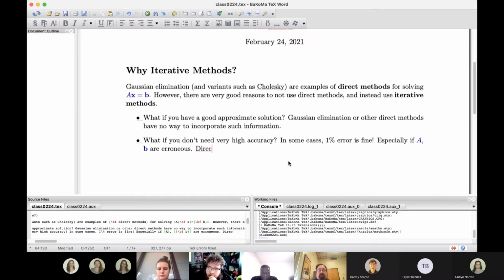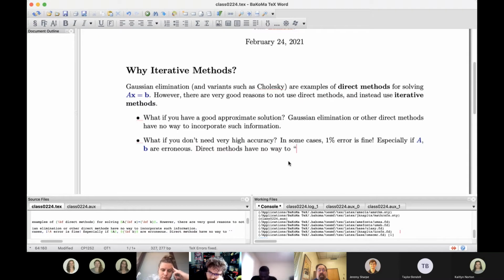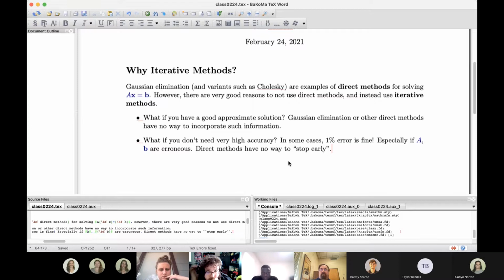So direct methods have no way to stop early. With direct methods, you have to see the entire process all the way through to the end and get your solution that's going to be highly accurate for that A and b, hopefully. There's no way to do less work in exchange for less accuracy.